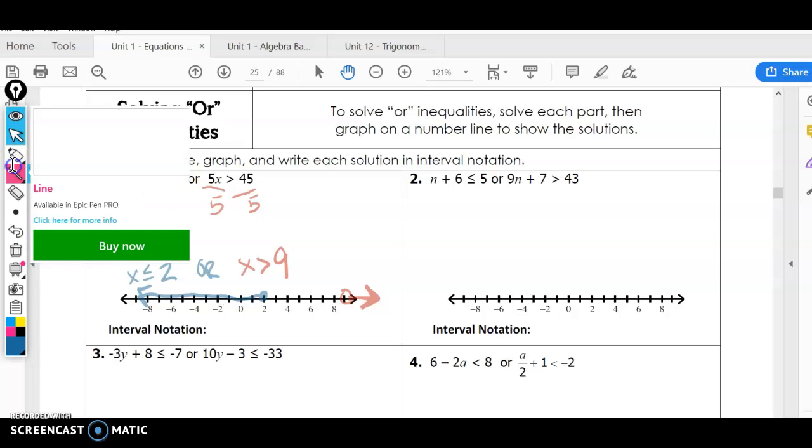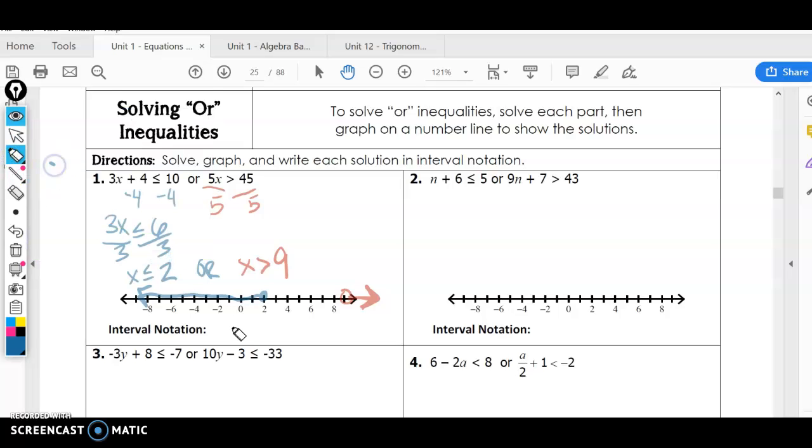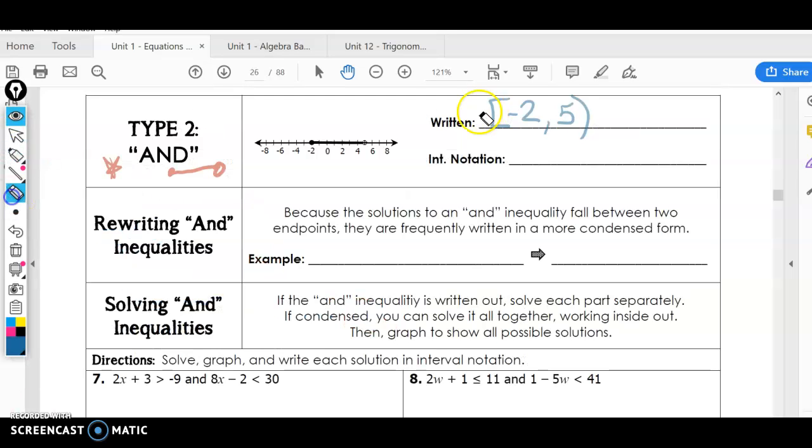It starts at negative infinity, and then it stops at 2, bracket. Union, it starts back up for the other line at 9, parenthesis, and then it goes on forever to infinity, parenthesis.